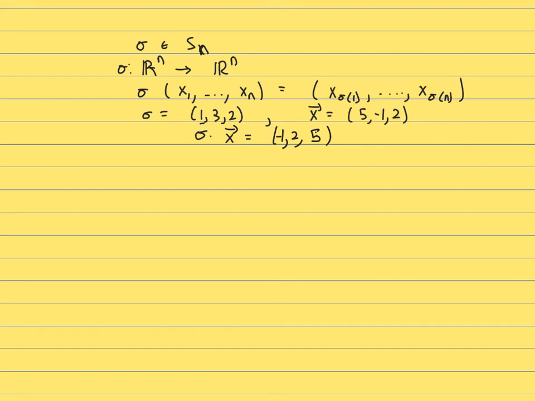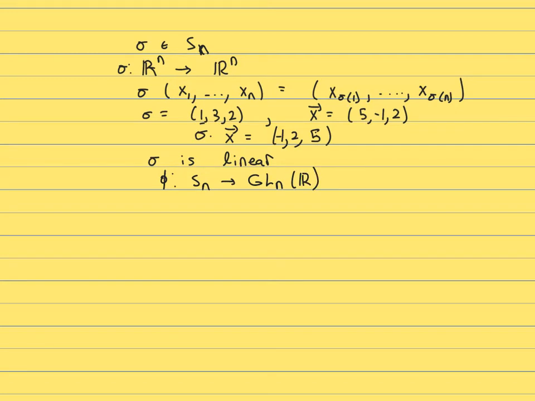So in particular, this is a linear transformation, and it's not hard to show it's invertible. And so this defines a homomorphism from S_n to the general linear group of n by n matrices over R.